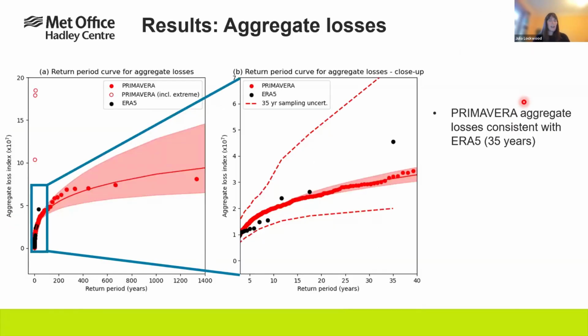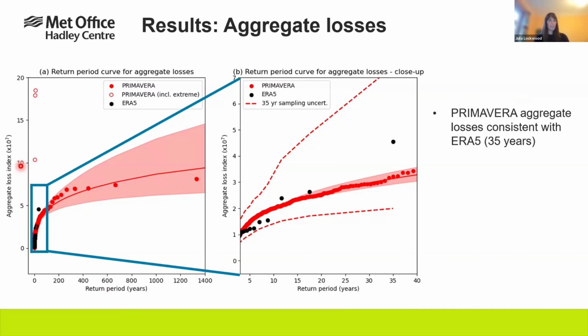So for some of the verification that we did on the data set, here we've got the return period curves. This is a bit like the exceedance probability curve that Alex mentioned in the first talk, except we've got a return period on the bottom here. And this is the aggregate loss per season.